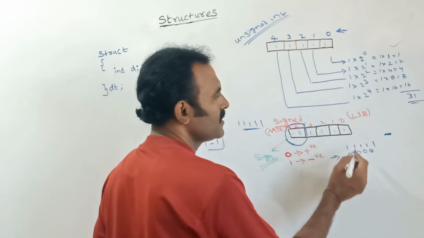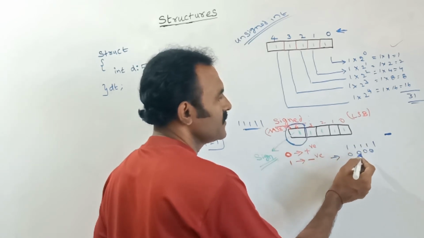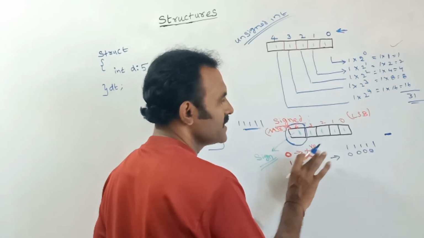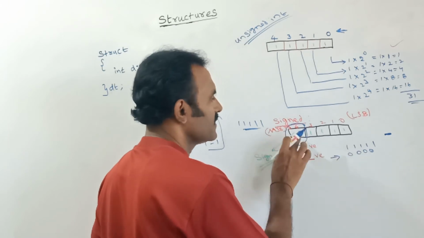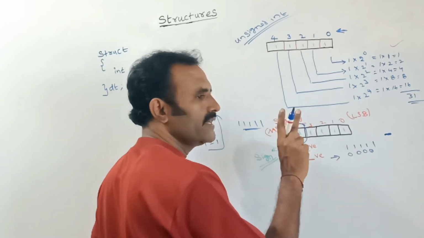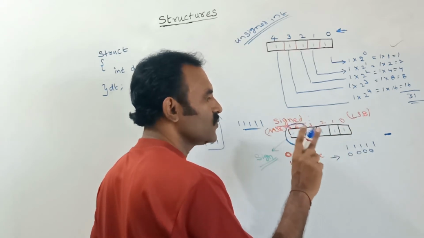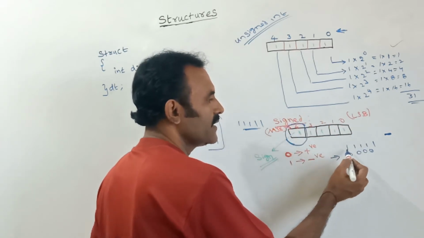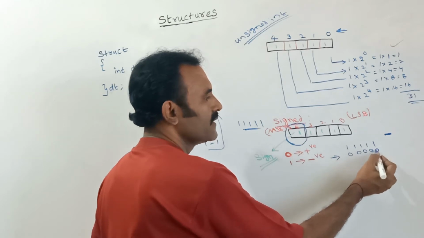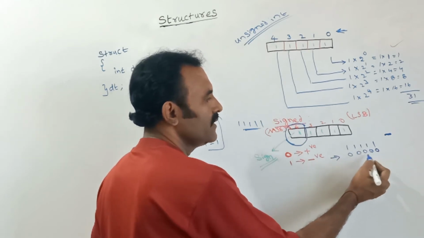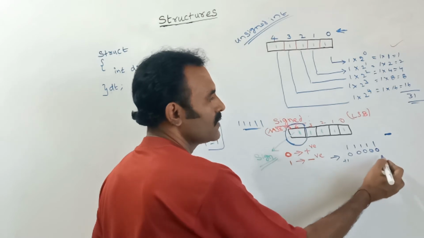Inverting means if it is 1, then you give 0. If it is 0, then you give 1. That is the invert, opposite to the given number. Each and every bit has two values only, either 1 or 0. If it is 0, you put it as 1. If it is 1, then you put it as 0. Here everything is 1, so when converting, every bit will be 0. Next add 1 to this.